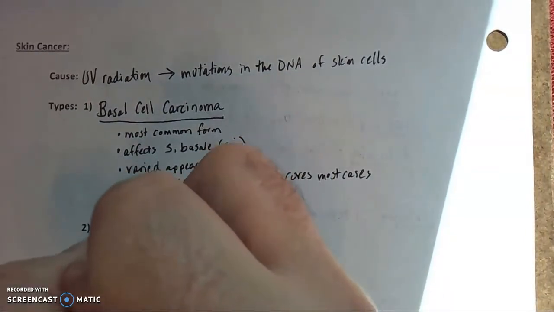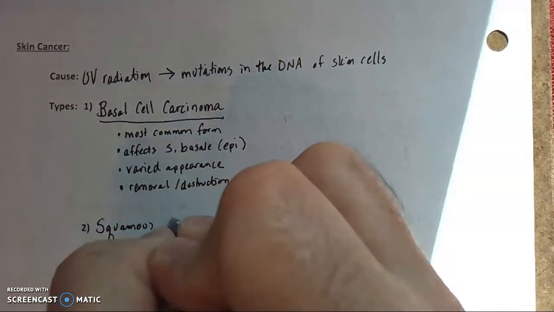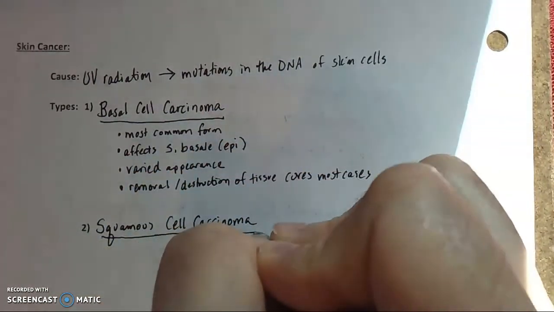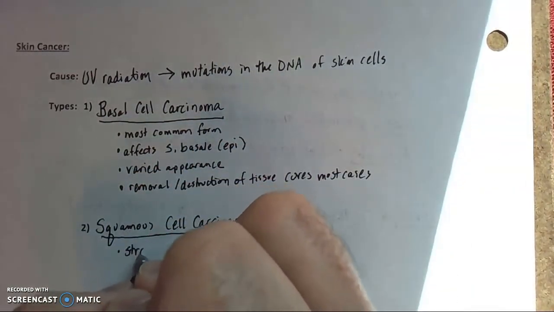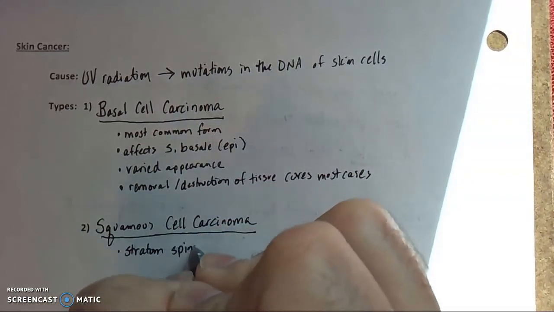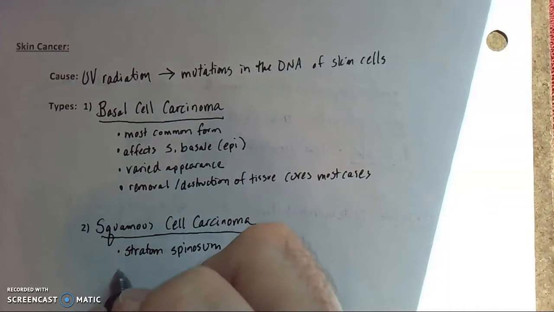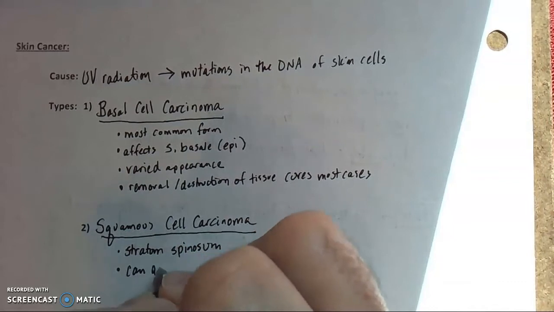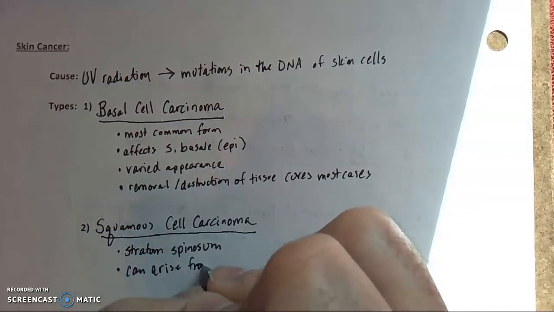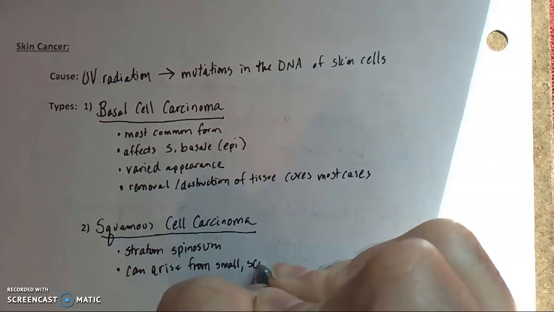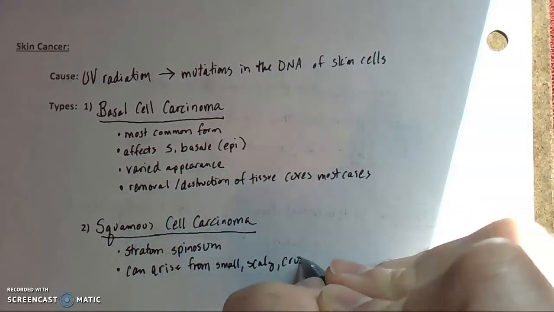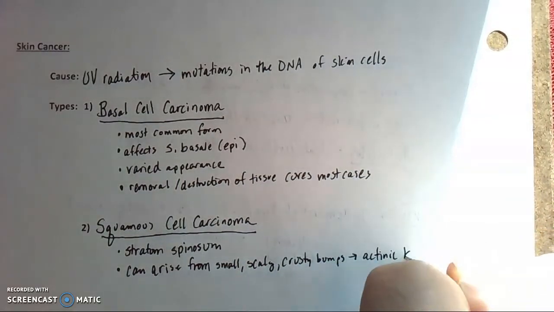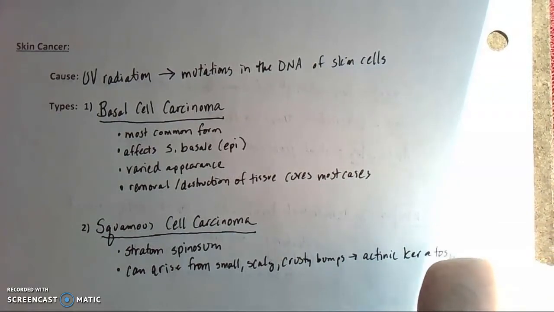The next one is called squamous cell carcinoma. And this affects the stratum spinosum. And usually this can arise from small, scaly, crusty bumps on the skin called actinic keratosis.